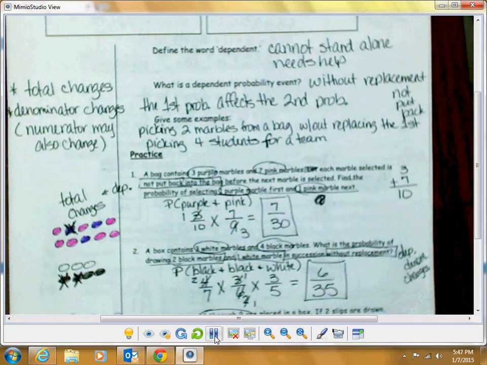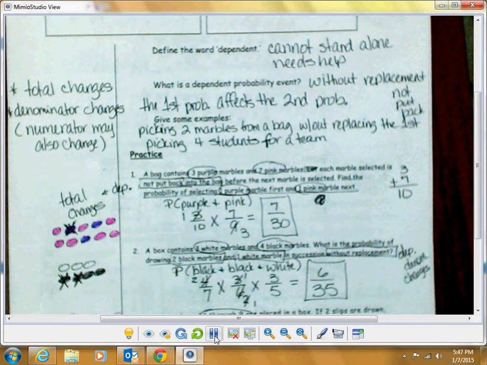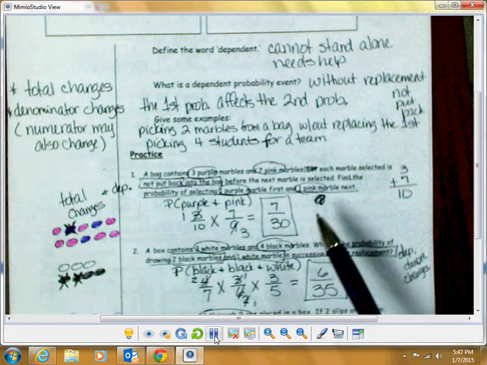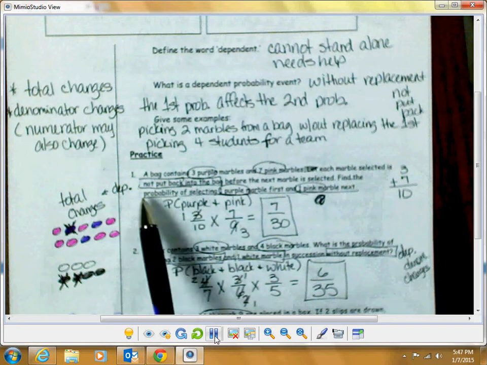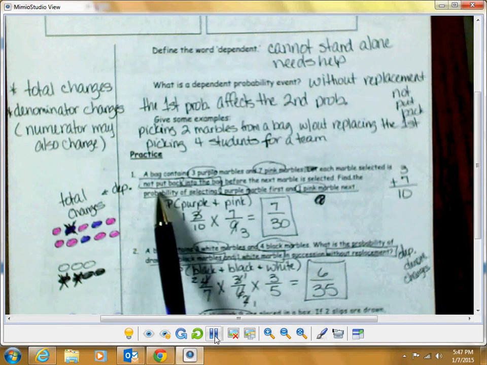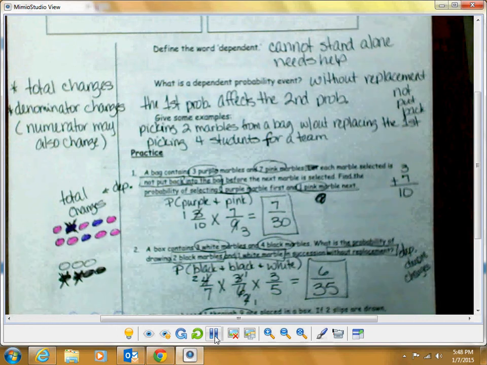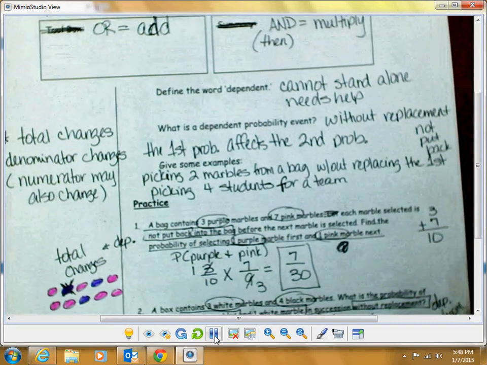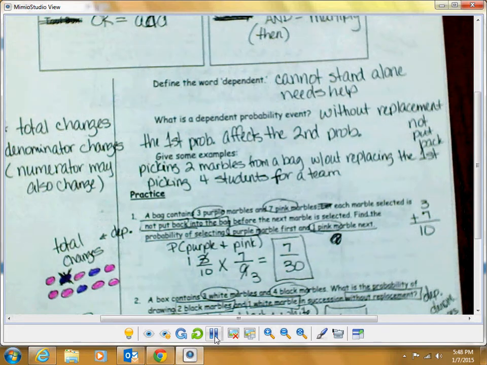So in the first problem, we had the bag containing 3 purple, 7 pink marbles, and I drew it out for you. Remember, this started out as a purple marble. Okay, since it said that each marble selected is not put back into the bag, not put back into the bag means that it is going to be dependent because it's not replaced.